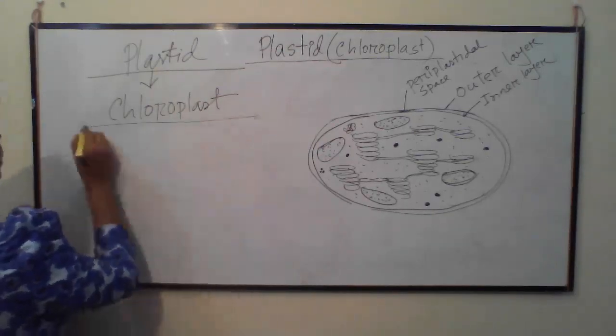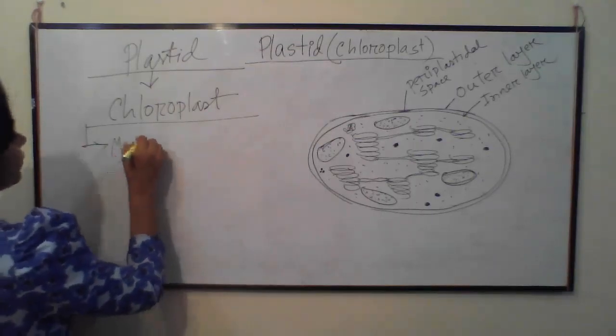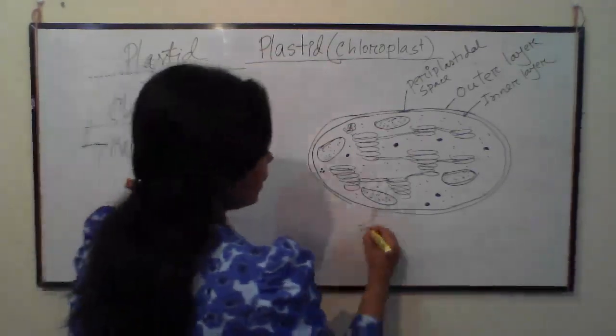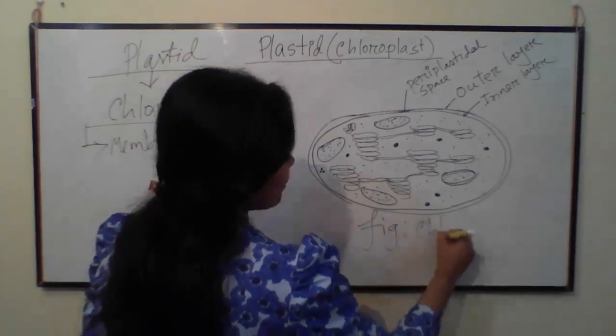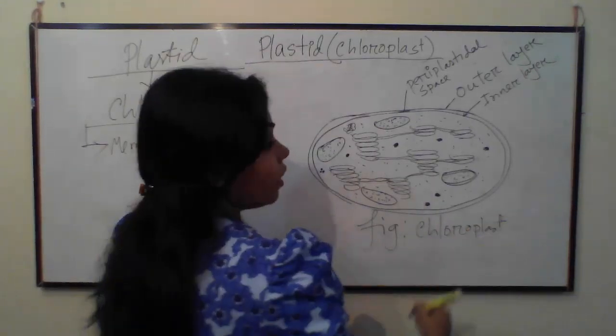Now, what are the structures? Number one, as I already told, is the membrane. I have already drawn the figure of the chloroplast.